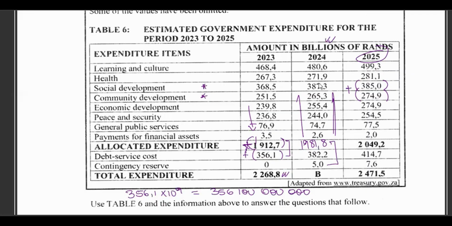Add it up. So when we add these values, what do we end up having? We have 385 plus 274,9.